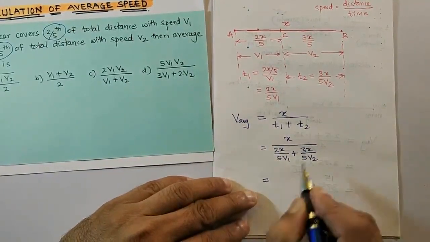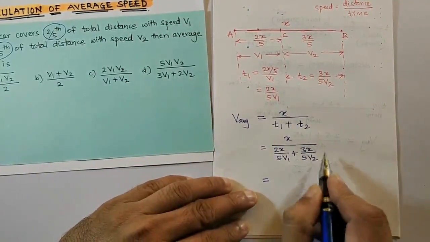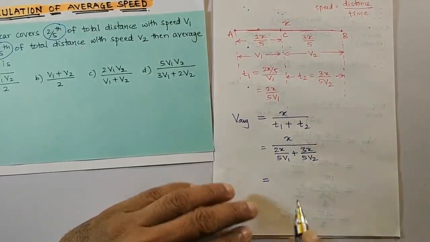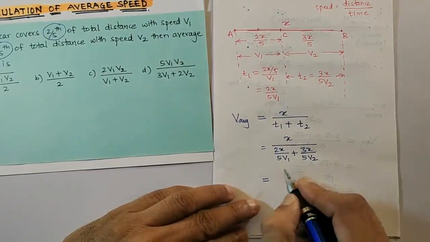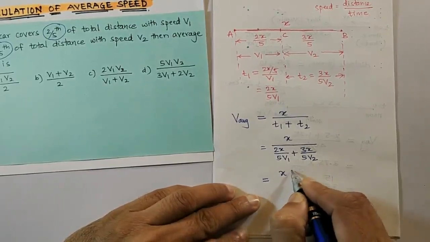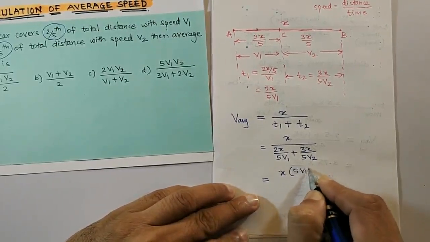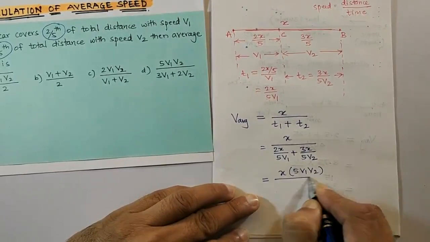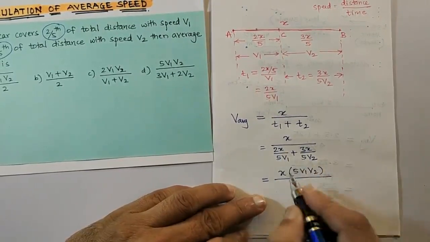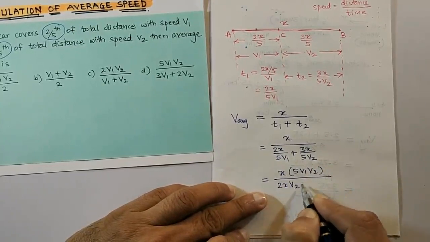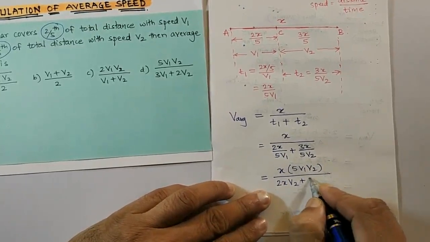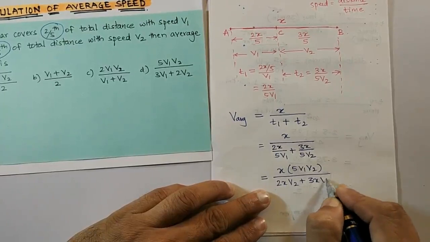Now take LCM. So after taking LCM, these terms go to the numerator. So LCM will be 5v1 v2. So x into 5v1 v2 divided by, if I take LCM, you will have 2x into v2 plus 3x into v1.